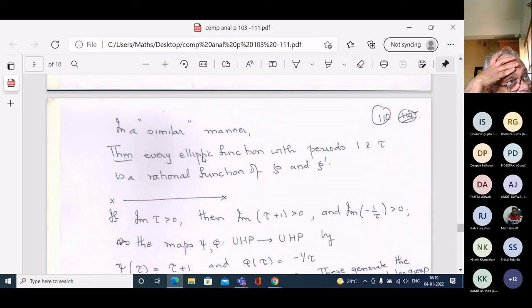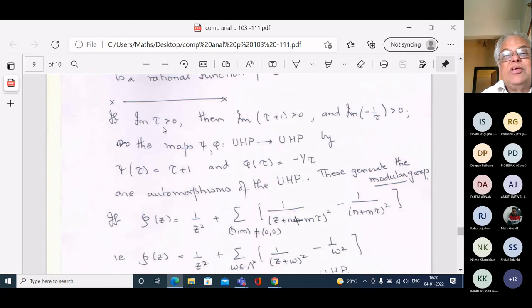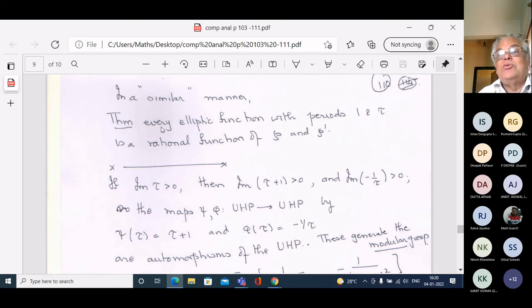This tells you that in some sense, the most important elliptic function is the Weierstrass elliptic function. Every other elliptic function is a rational function of ℘ and ℘′: some rational expression in ℘ and ℘′ divided by a rational expression in ℘ and ℘′. Now, up to now, what was I doing?